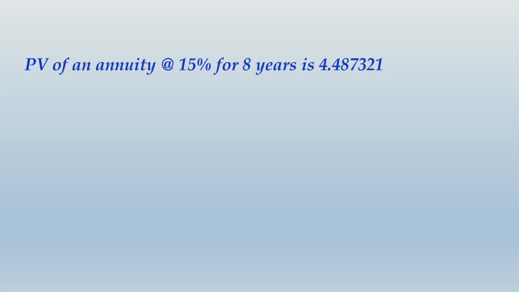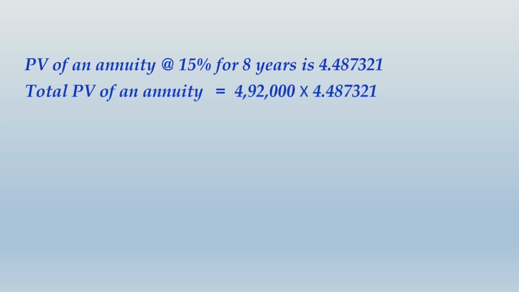What I get on my calculator screen is 0.32690177, something like that. If I apply GT, I get 4.487321. Actually it is 215, so you may round it off to 22 also.